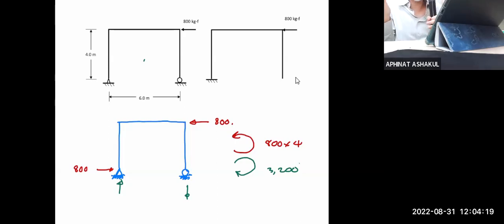Then you see right away that you have to have the reactions going the opposite way, in another couple in the vertical direction, and it has a moment arm of 6 meters. So this basically is 3,200 divided by 6. See, reactions without calculation.